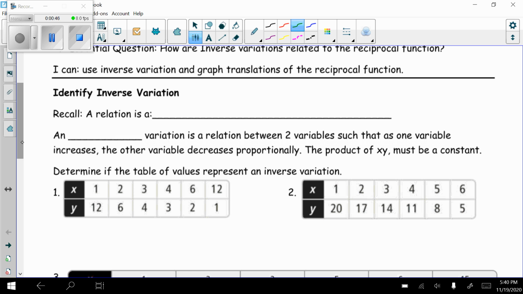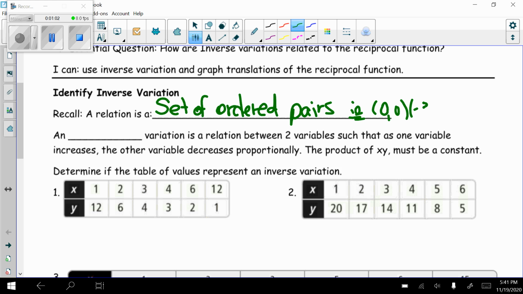First, let's recall, what is a relation? A relation is a set of ordered pairs. So example, like (0, 0), (-3, 5), (10, 2), any set of ordered pairs.